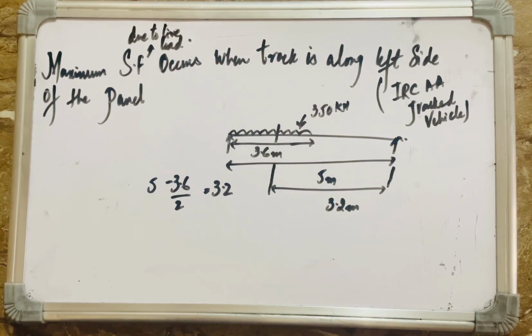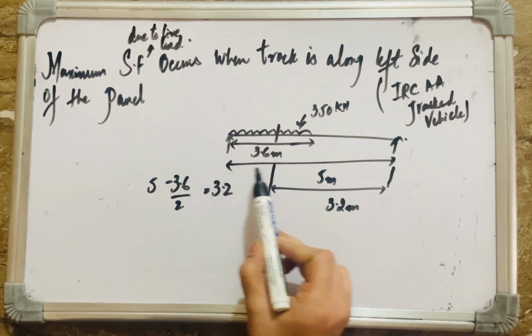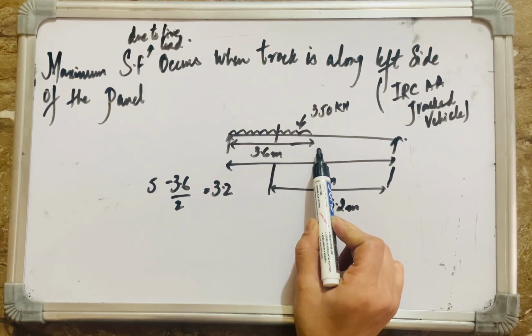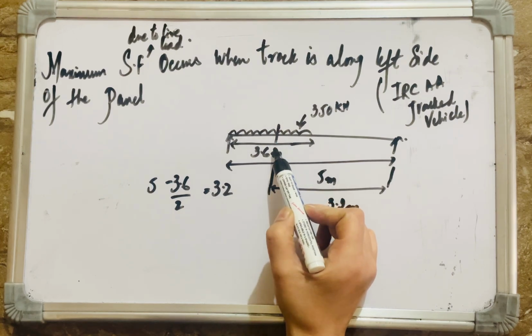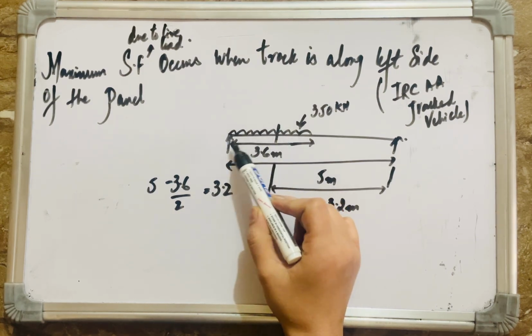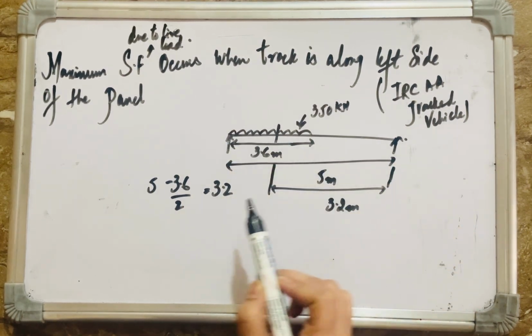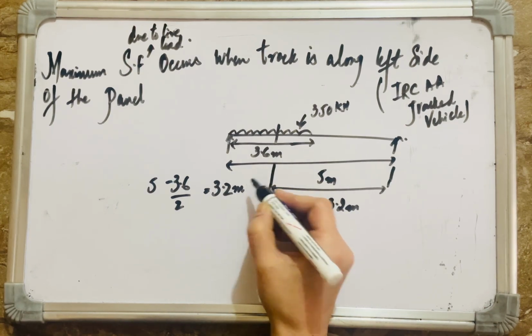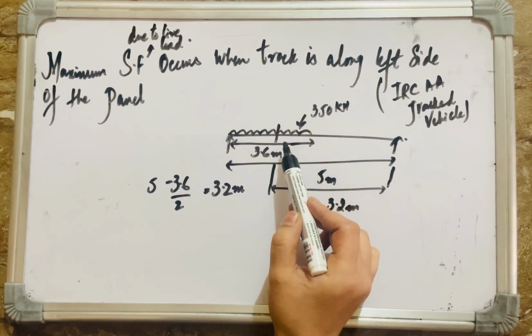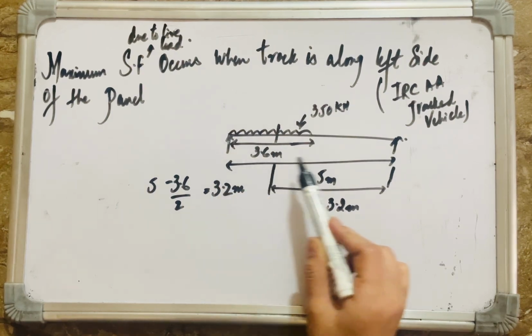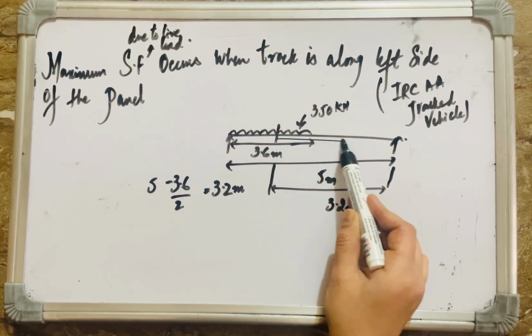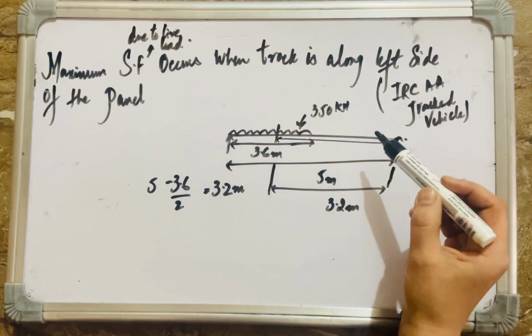These are the loading conditions. Now, if this is 5 meters and this is 3.6 meters, the distance from the center of this tire contact area to this point is equal to 3.2 meters. I've subtracted 3.6 divided by 2, half of the contact length, from the total distance. So this distance is 3.2 meters.